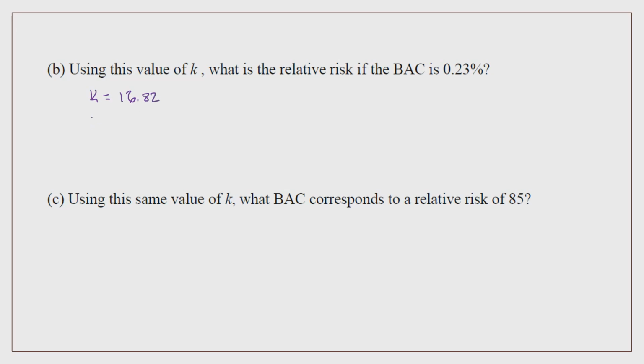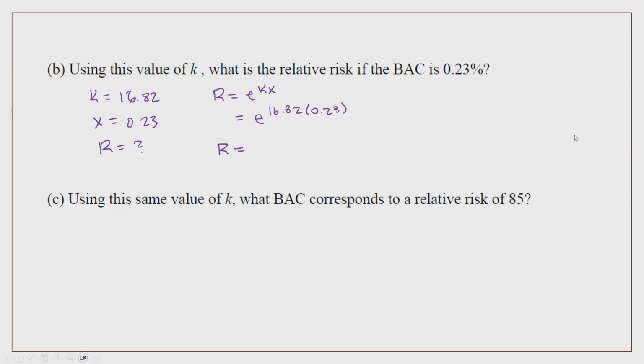They said that X here, which is the percent concentration, is 0.23, and they want to know relative risk, which is R. So entering that into our equation, R equals e to the power k times x, we are going to take e to the power 16.82 times 0.23. Okay, and we are going to find R.